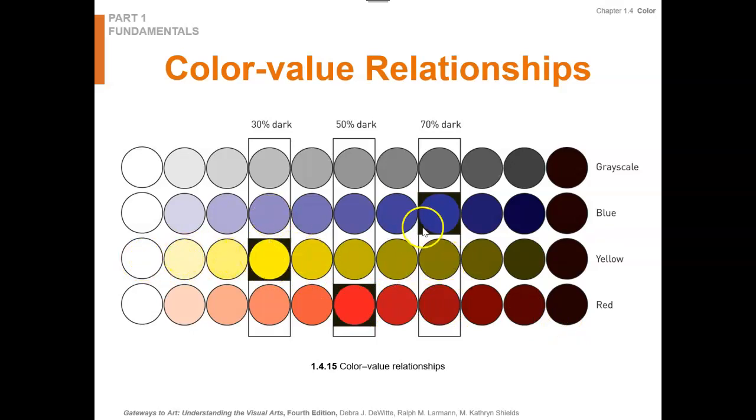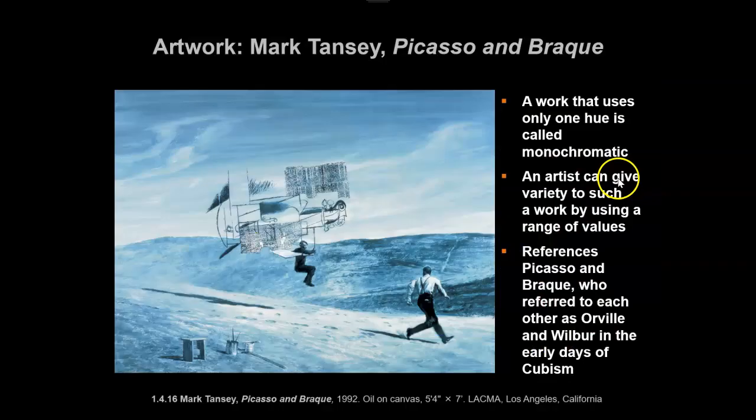So anything that's making it lighter is a tint. Anything that's making it darker is a shade. Just remember that terminology, so that when you are doing the analysis, those are some of the things you'll talk about when I ask how the value was created. It was created with tints and shades, right?